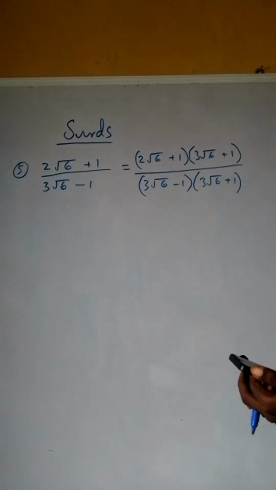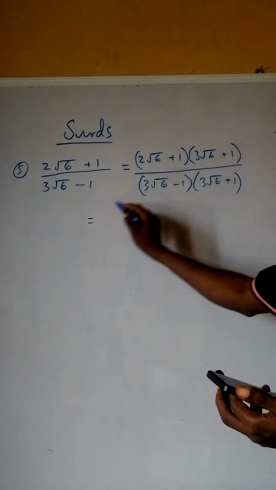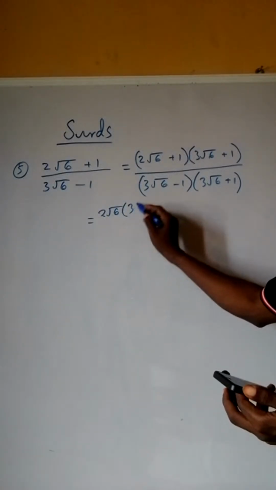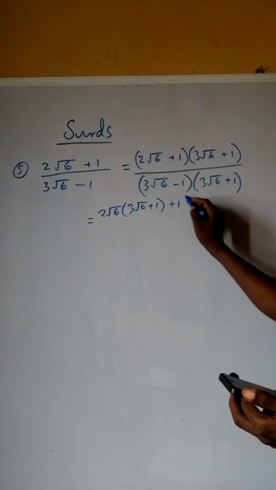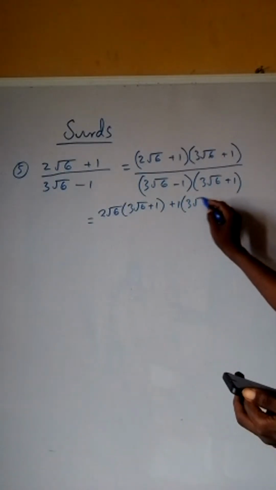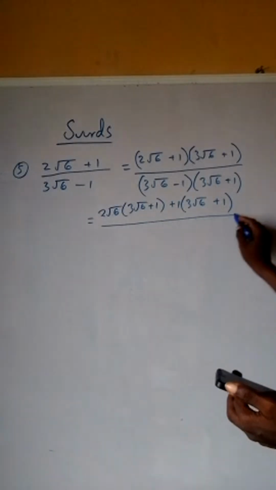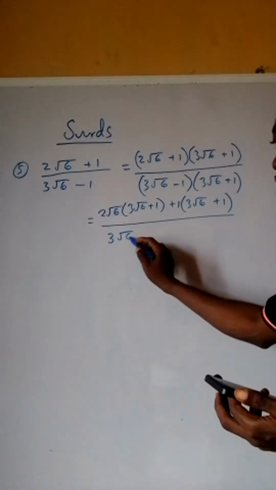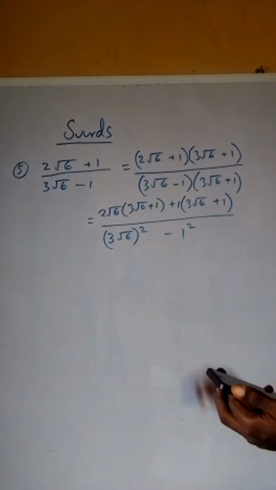Then when we expand, we have 2 root 6 times 3 root 6 plus 1, also plus 1 times 3 root 6 plus 1, then divided by, this follows difference of two squares, 3 root 6 all squared minus 1 squared.